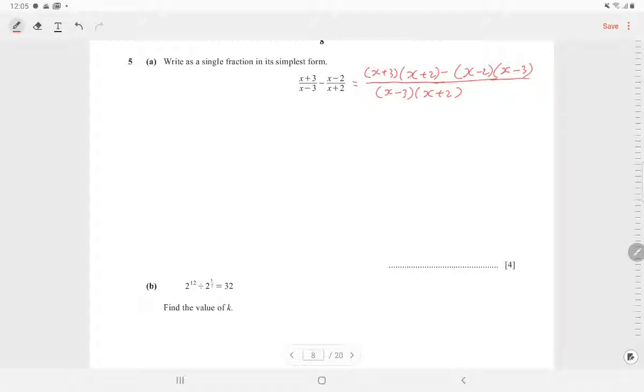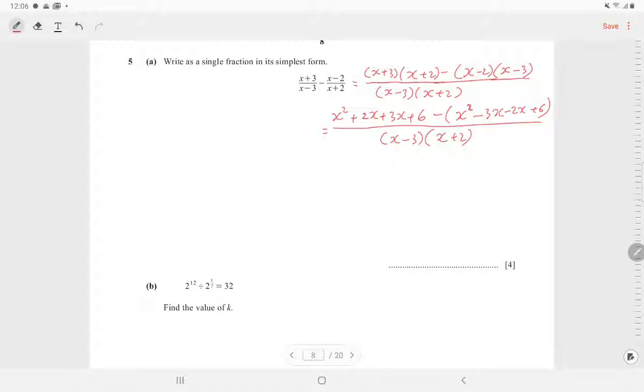Expand, and so we have x squared plus 2x plus 3x plus 6 minus x squared minus 3x minus 2x plus 6, over, don't expand the denominator.